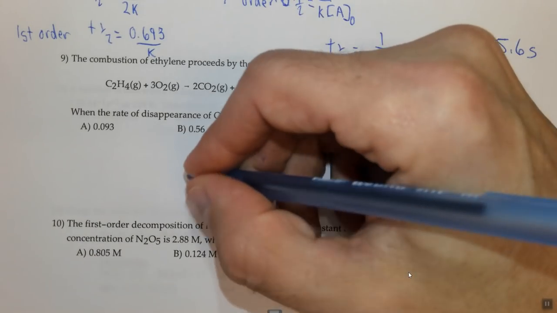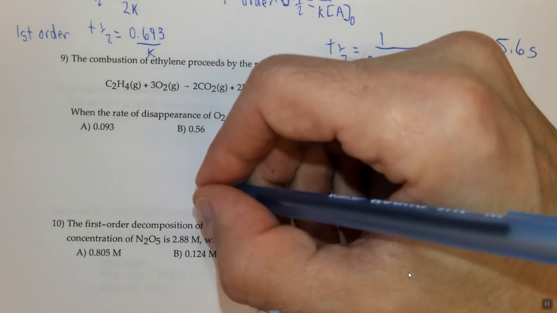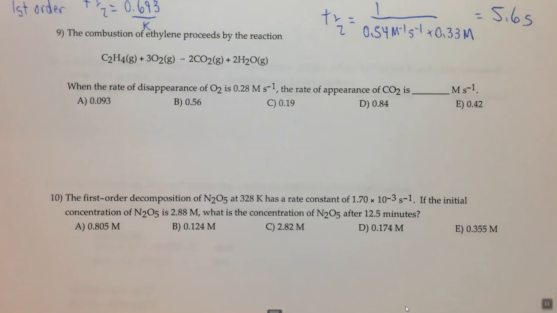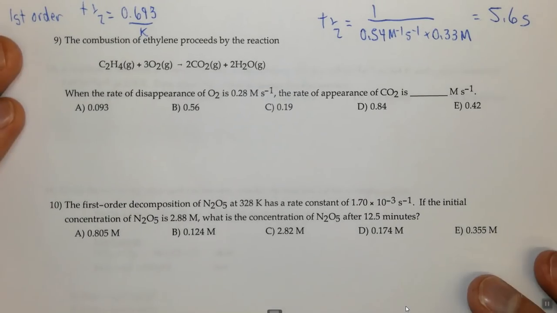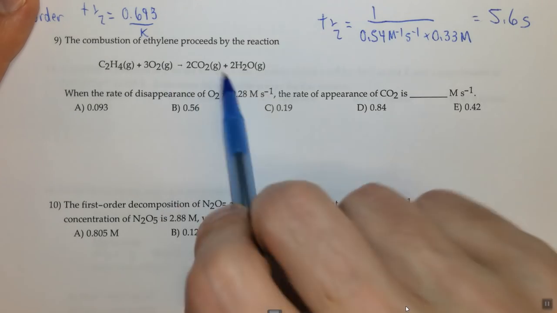So if we're losing the oxygen at a rate of 0.28, what I would like to do is write the rate for the two, for the reactant and the product.